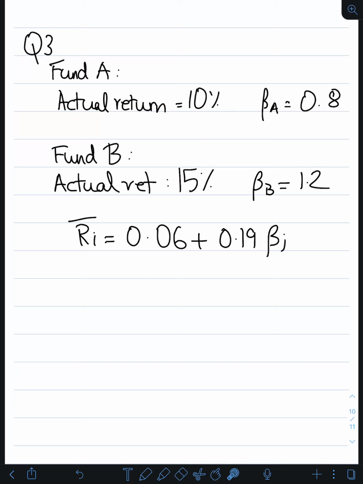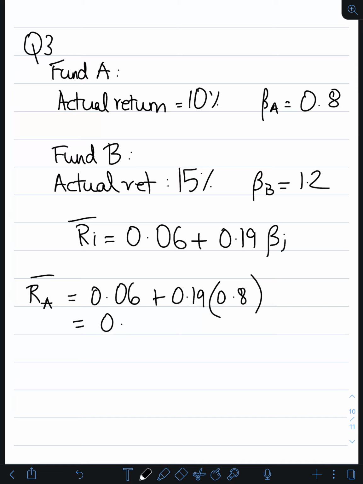Okay, RA bar. So we're going to find what is our fund performance for RA first. RA bar. If we plug in our beta of 0.8, what do we get? We just get 0.06 plus 0.19 times 0.8. If you do that calculation, you should be getting 0.212, which is 21.2%.